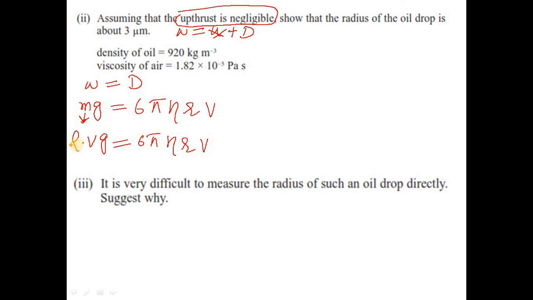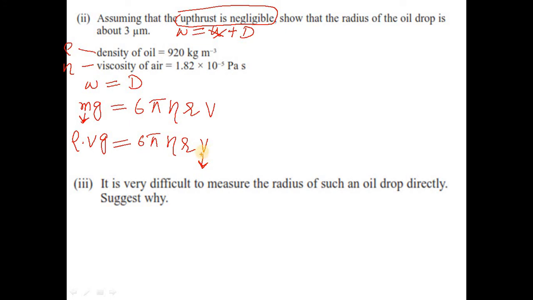Rho is the density of the oil drop, V is the volume of the oil drop, g is acceleration due to gravity. Eta is the viscosity of the medium in which the oil drop is moving, in this case air. r is the radius that needs to be found. v is the terminal velocity we have found in the previous part.